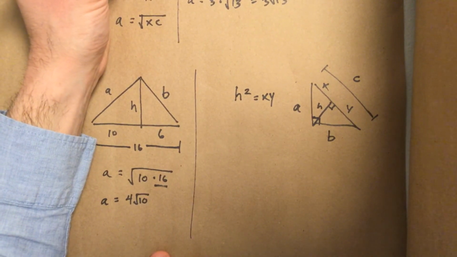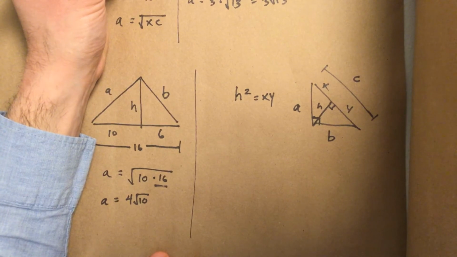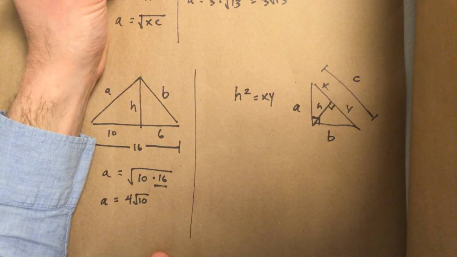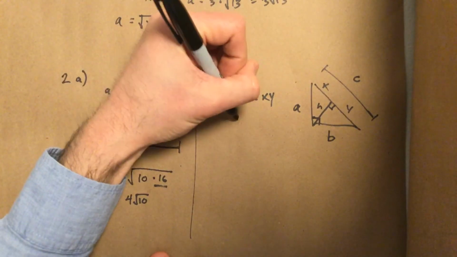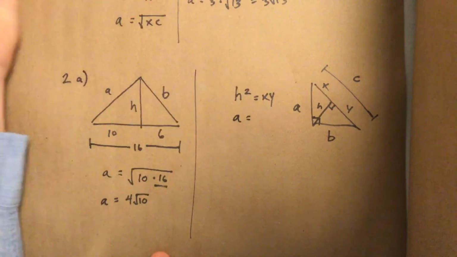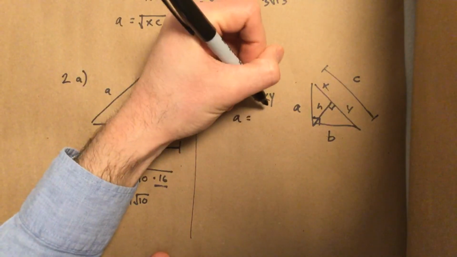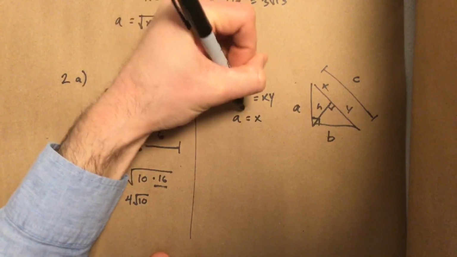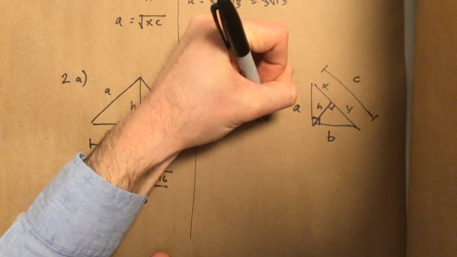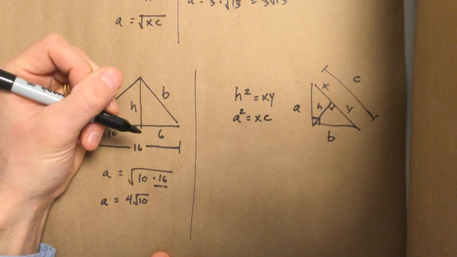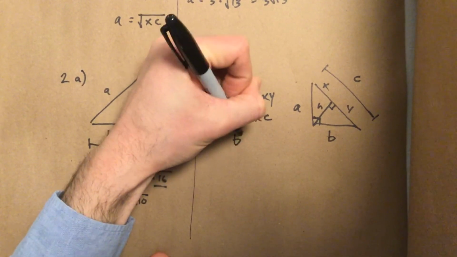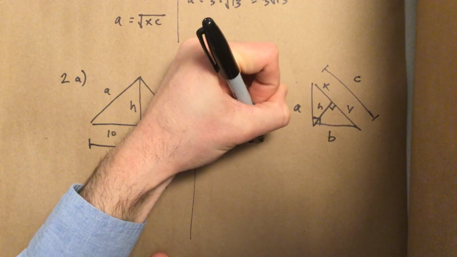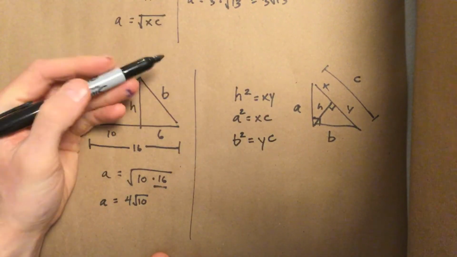So first one, H squared, or your altitude, is equal to X times Y. A squared, what we did up top before, is equal to X times C. And last one, B squared, is equal to Y times C.